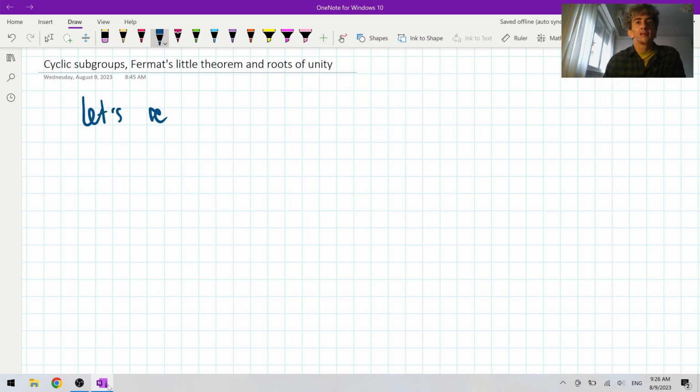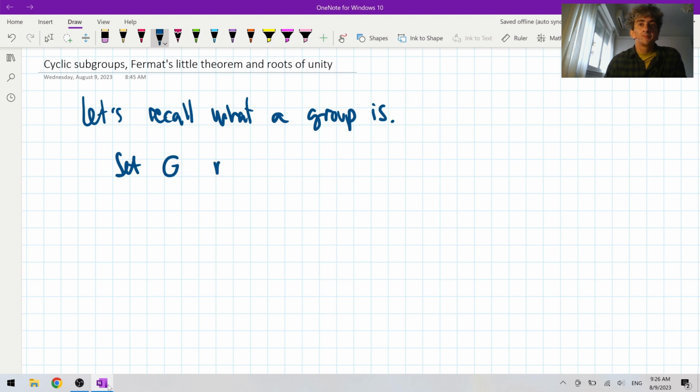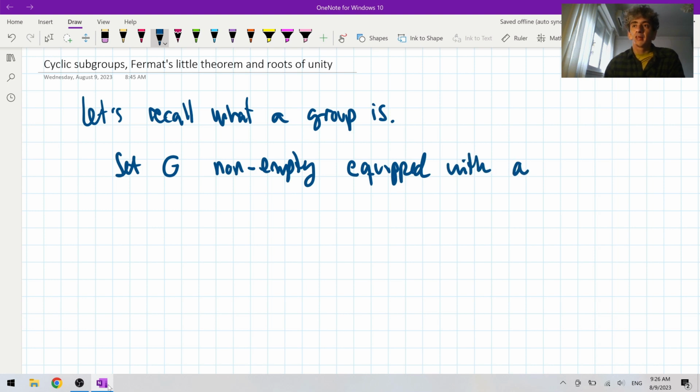Let's recall what a group is. So a group is a set G that is non-empty, equipped with an operation, which we're going to denote for the time being just star, that is binary.